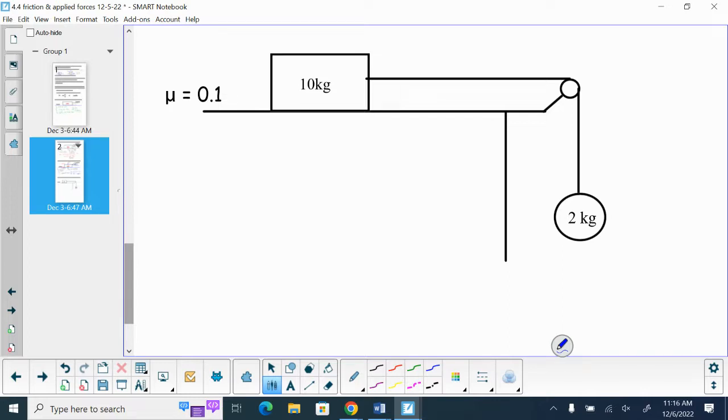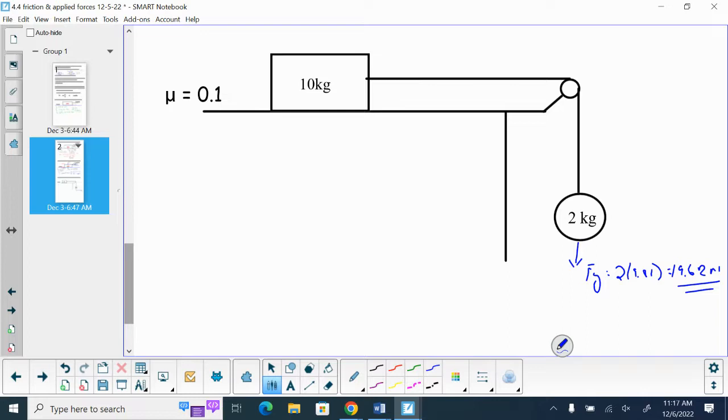Our force of gravity, which is our weight, we have 2 times 9.81, 19.62 newtons. That's our force of gravity.